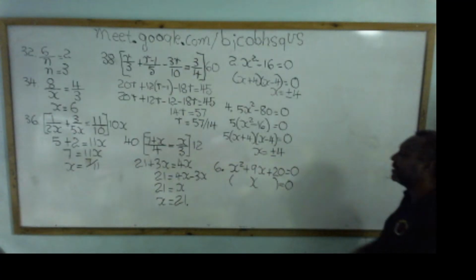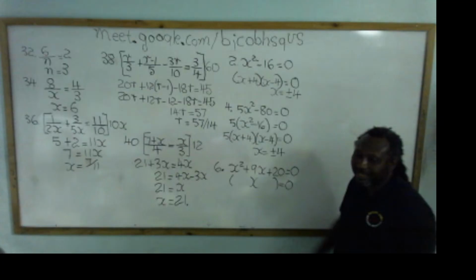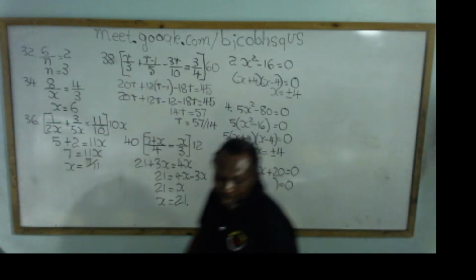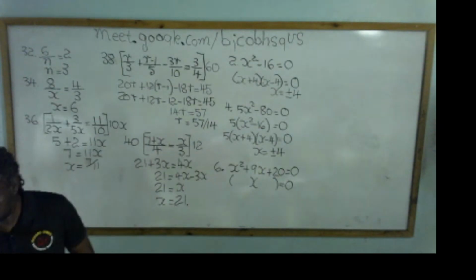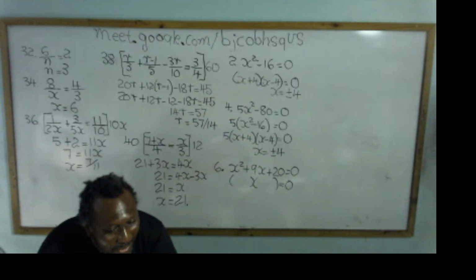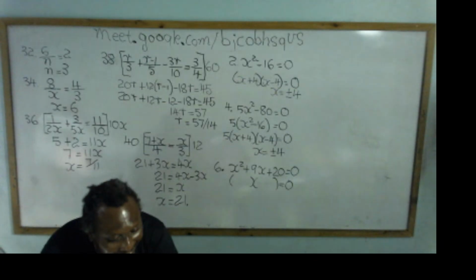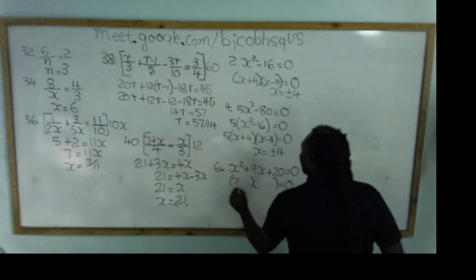The two numbers have a product of 20 and a sum of 9. What are those two numbers? 5 and 4. That's nice. x plus 5, x plus 4.